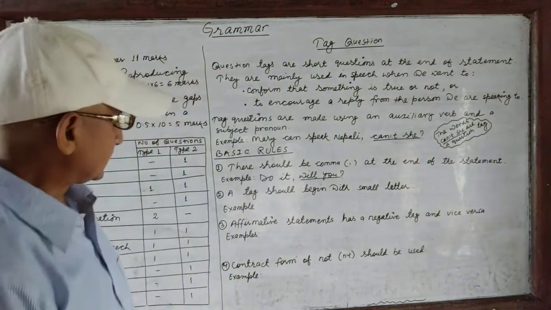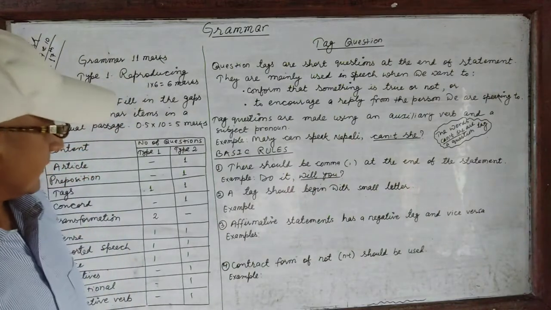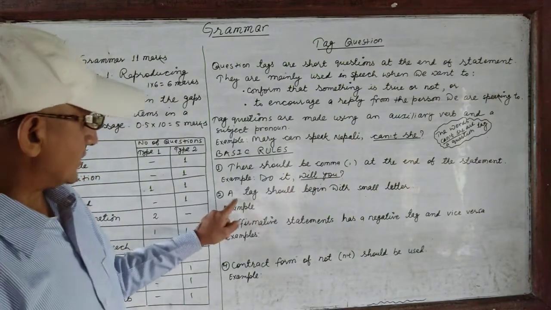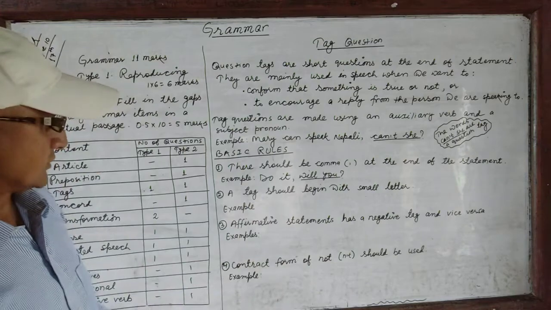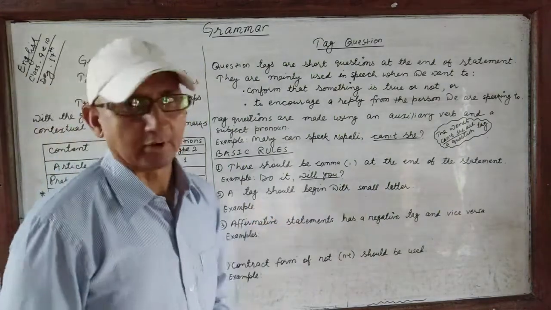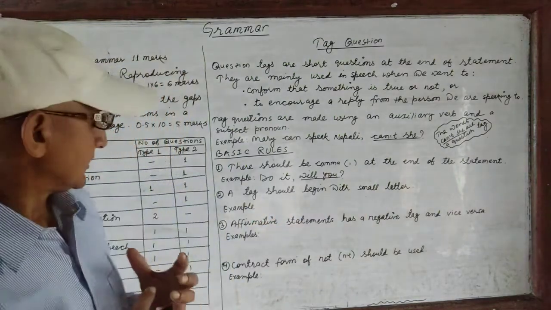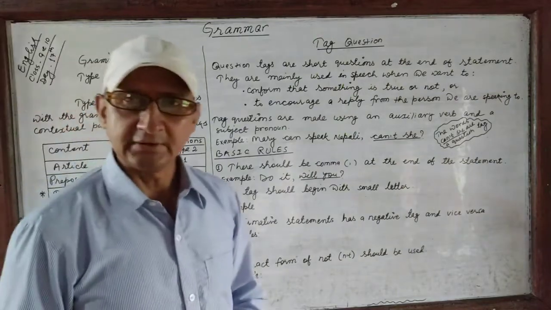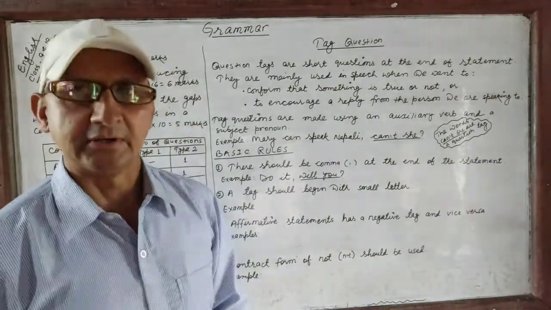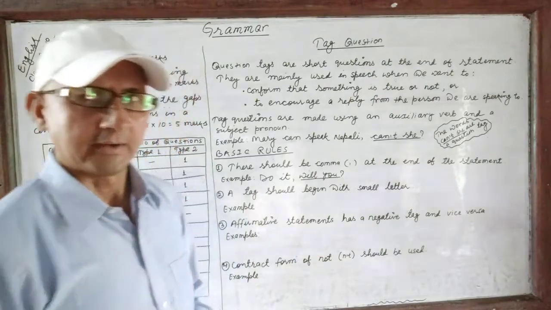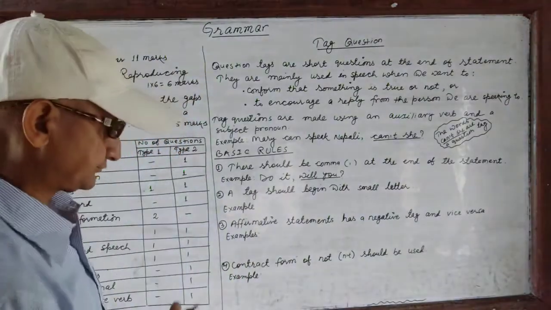Let's see another rule. A tag should begin with a small letter, not a capital letter. Let's write down one example.